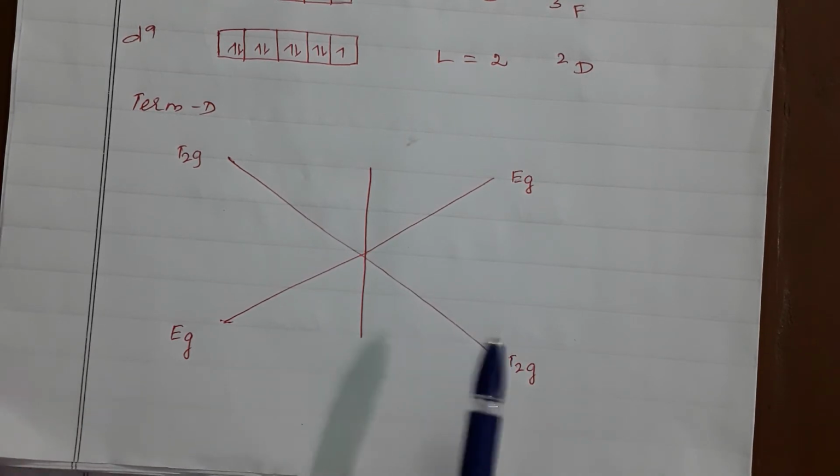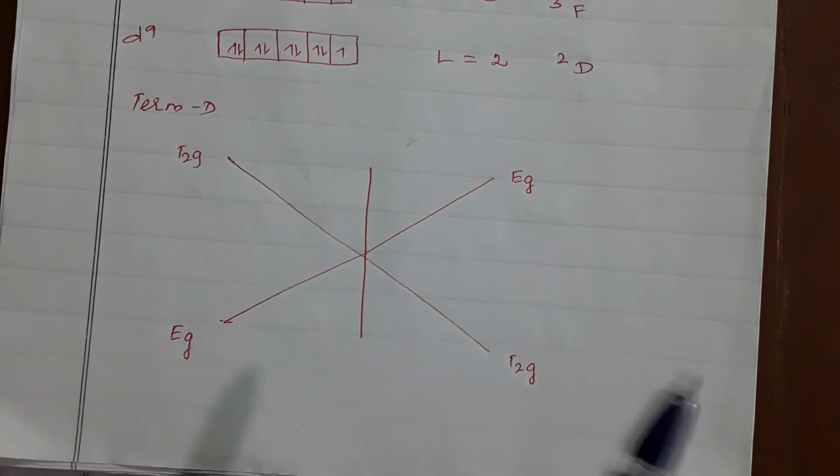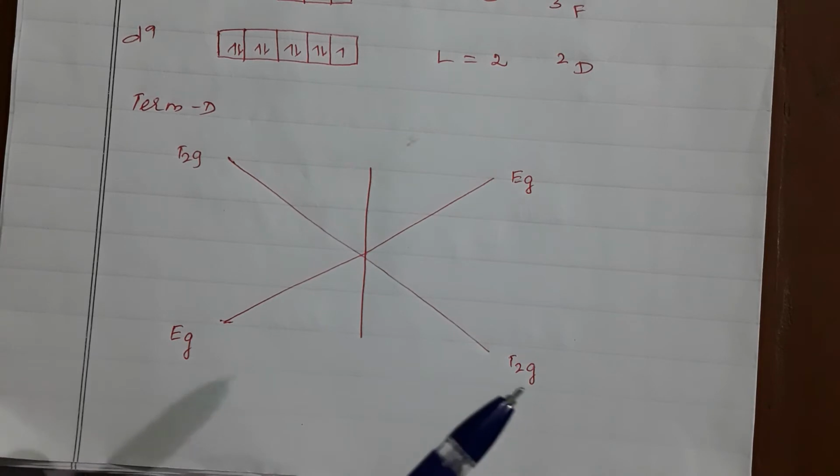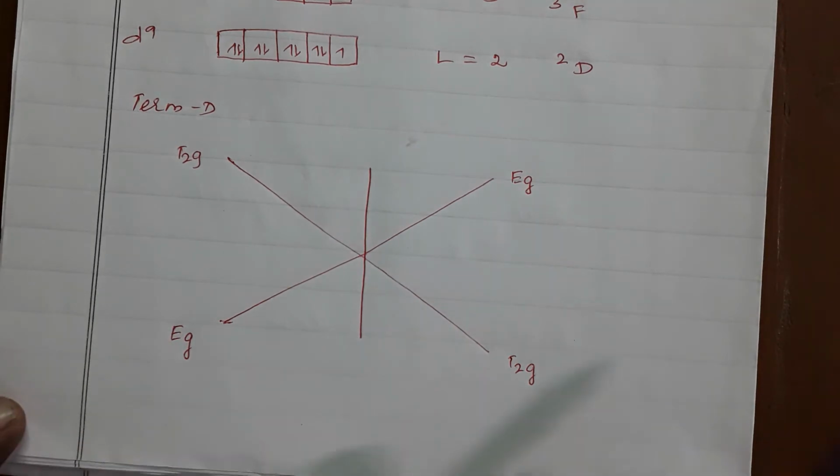I represent it this way because for some d configurations it is T2g to Eg, but the same is reversed for other d configurations. For example, d1 to d4 are the same, but for d6 to d9 it is inverted. That is why I have taken the inverted form.